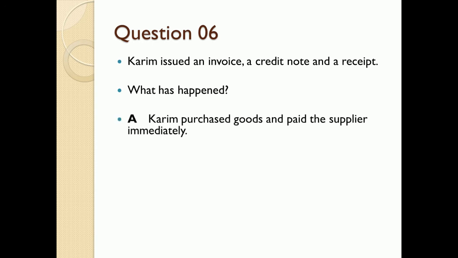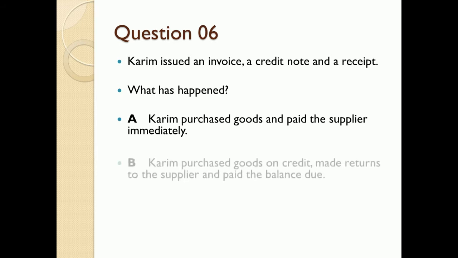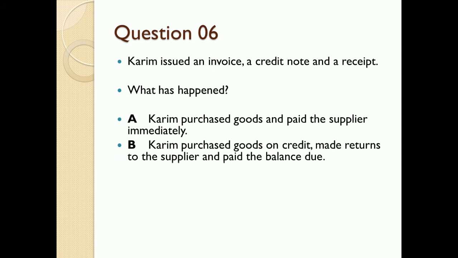A. Kareem purchased goods. Are we supposed to issue a receipt in case of goods purchased, or are we supposed to issue an invoice? You have to think. B. Kareem purchased goods. Again, it's about purchase on credit, return made to the supplier and paid the balance due.